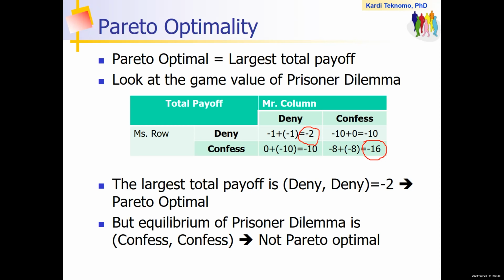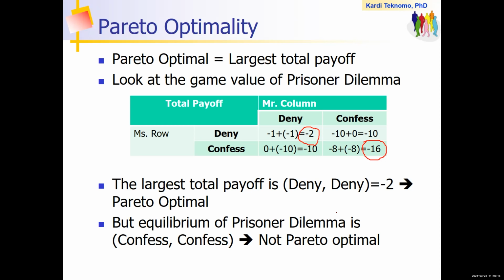Because the Pareto optimal here is -2, and the total payoff of your equilibrium is -16. It is much lower than the Pareto optimal value. Is it clear? Any question?